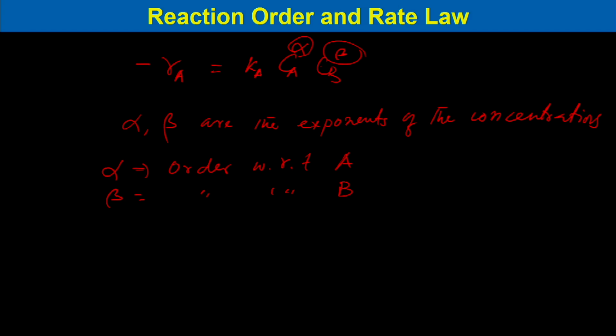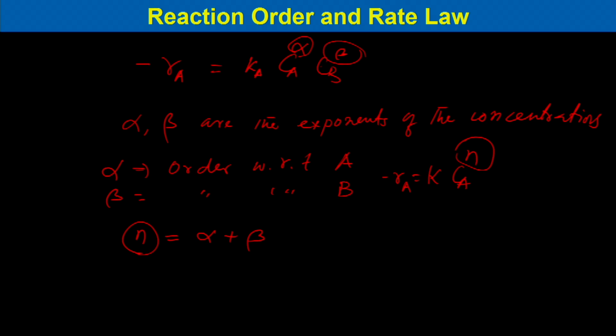So, the overall order of this reaction, if we consider n as the overall order, then n would be equal to alpha plus beta. Or if the rate of reaction, minus r_A, is equal to k into C_A to the power n, then the order of the reaction is n.